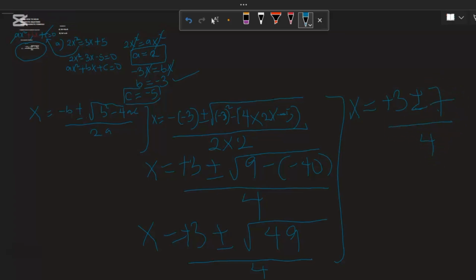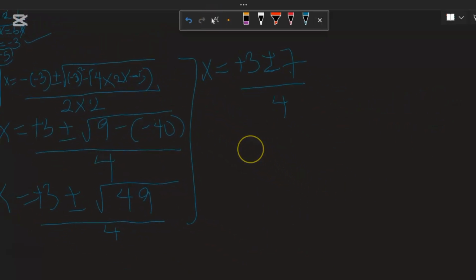Now at this point, we will get two values of x, because when you have a quadratic equation, expect to get two values. This will give me x sub 1 equals 3 plus 7 over 4, and x sub 2 equals 3 minus 7 over 4.